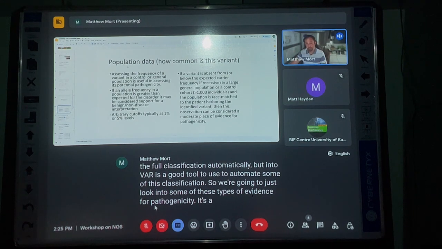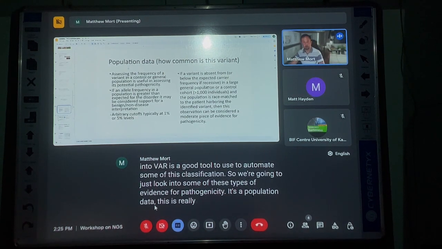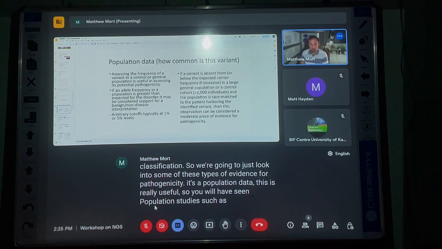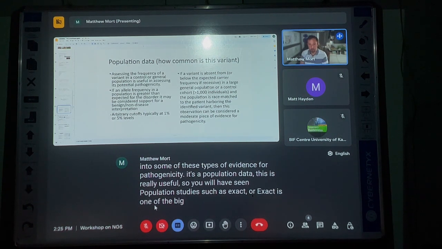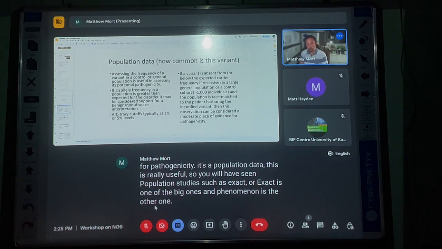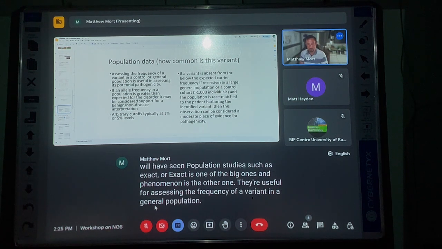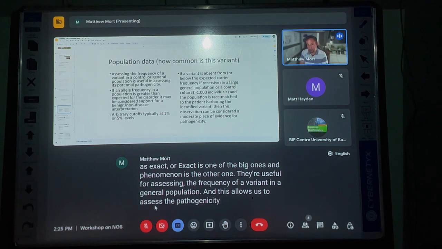So population data, this is really useful. You will have seen population studies such as ExAC, or gnomAD is one of the big ones, and Genomenon is the other one. They're useful for assessing the frequency of a variant in a general population, and this allows us to assess the pathogenicity of a variant.